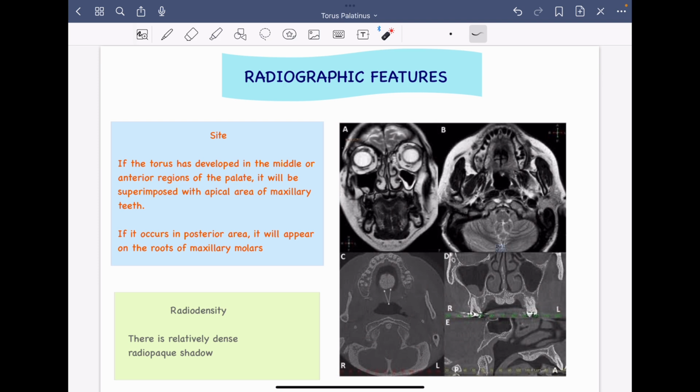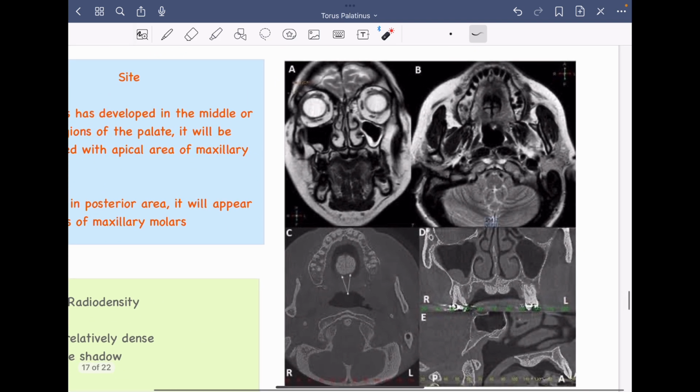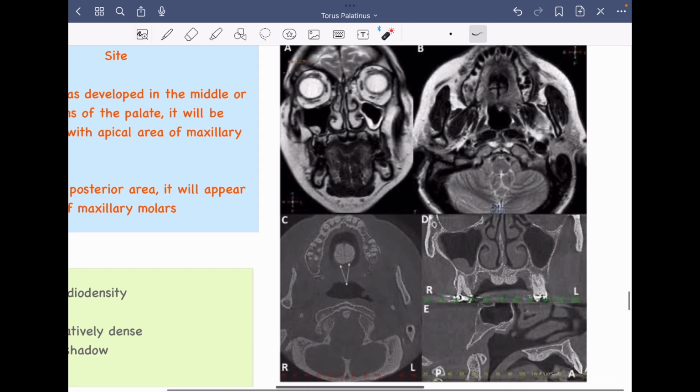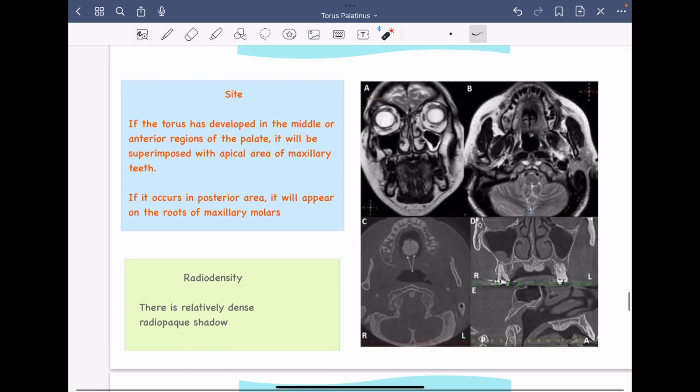So when it is located anteriorly, the anterior teeth are associated with that Torus palatinus, and if it is occurring in the posterior area then it will appear on the roots of the maxillary molars or the posterior teeth. Here is the CBCT image. Here you can appreciate the growth of the torus, this is your Torus palatinus. It is occurring in the posterior region here and associated with the roots of the maxillary molars.